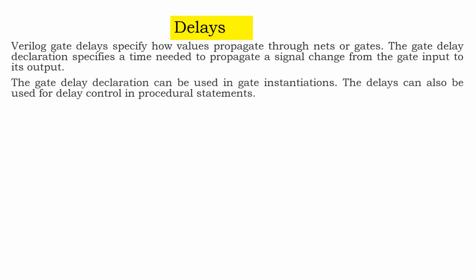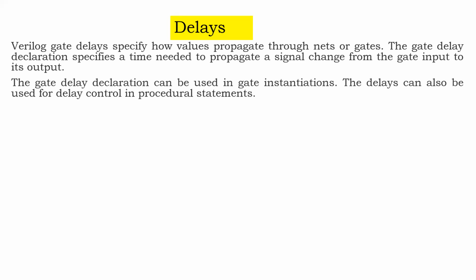The gate delay declaration can be used in the gate instantiation. So I'm talking about delays now. Whenever you are going with gate level modeling, how can you insert the delays? Generally, suppose you have five gates, different gates, like a NOT gate, an AND gate, something.